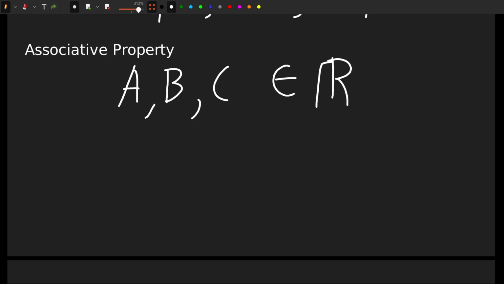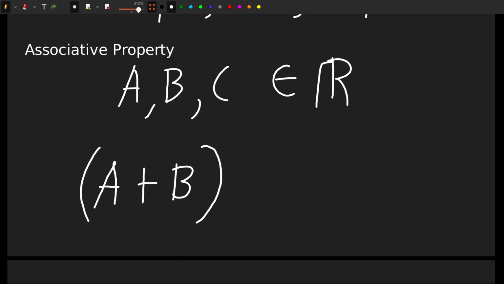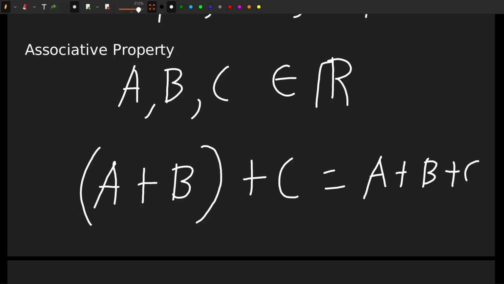Then I have the following here. (a plus b) in parentheses, and then adding c is the same as a plus (b plus c) in parentheses. So notice that with the associative property, the parentheses moved. At the beginning, they were adding a and b, and then on the other side, now they're adding b and c.